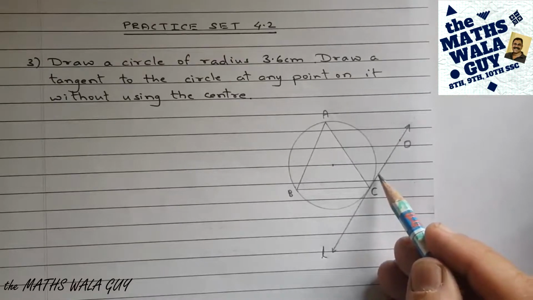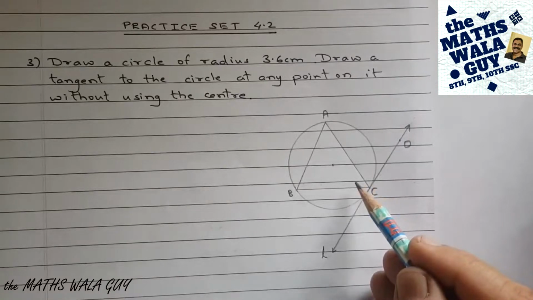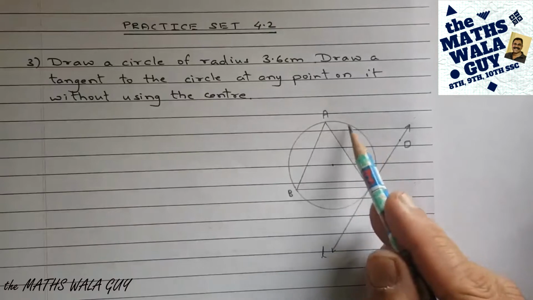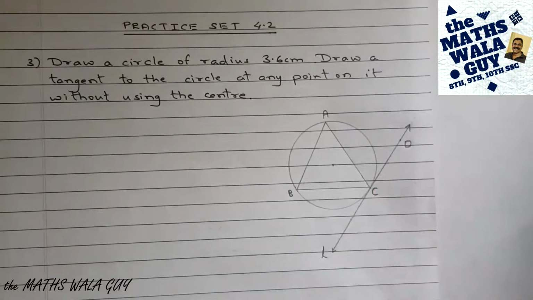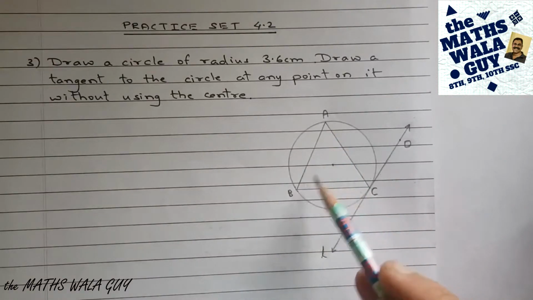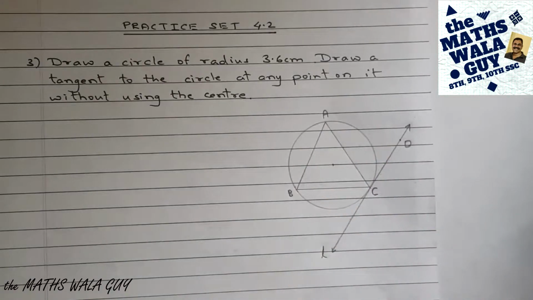Now if this line L is a tangent to this circle, then the angle ACD will be half of the arc AC because of the tangent secant theorem, and angle ABC will also be half of the arc AC by the inscribed angle theorem.